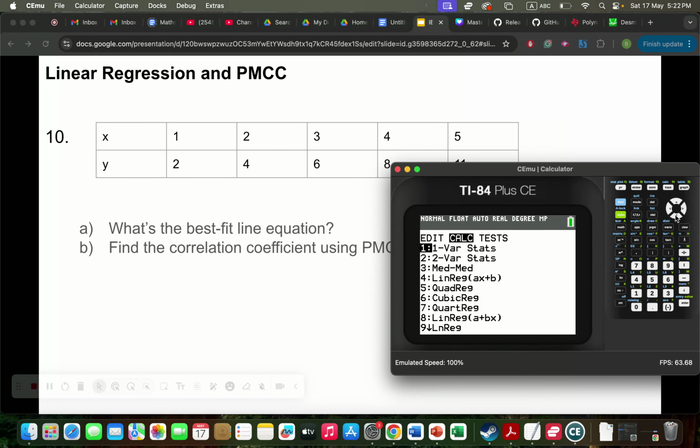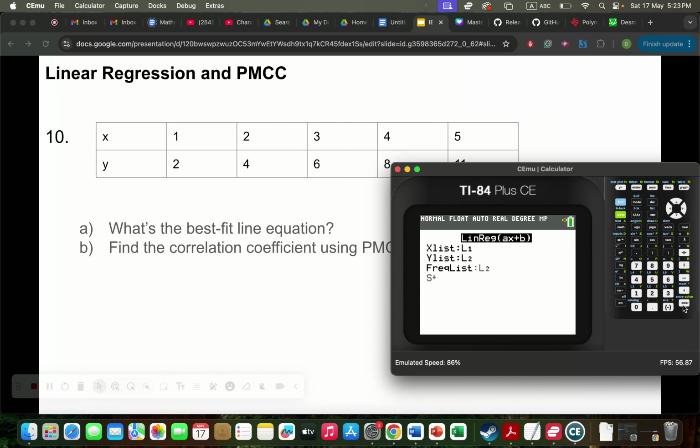If you know it's going to be a curve that probably fits the points better, then you could choose other regression forms like quadratic regression or cubic regression. Quadratic means you're trying to find the best parabola that passes through the points. Cubic means I'm trying to find the best cubic graph that passes through the points. So that's what regression basically does, okay? But since we're trying to find the best fit line, which we know has to be linear, we usually choose option 4 rather than option 8.